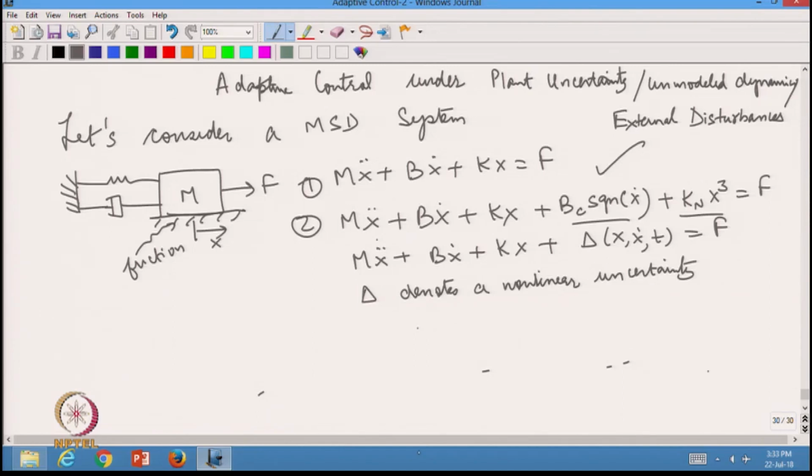So, this kind of an uncertainty falls in the category of a structured uncertainty. So, the structure of the uncertainty is known. Okay. In fact, we can further qualify this by saying that this structured uncertainty is linear in the parameters.